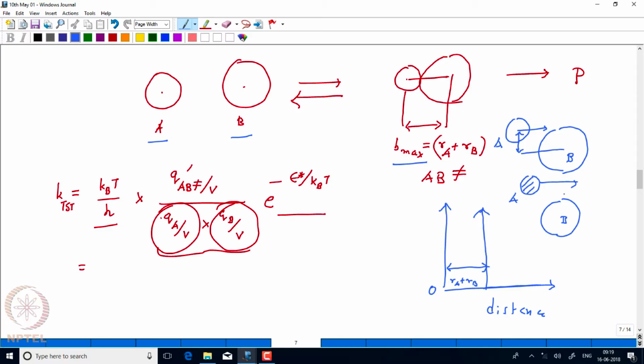then after some time A is just touching B. So that is the maximum position of the impact parameter, in the sense that the center to center distance is just the addition of Ra plus Rb. However, we can have another possibility, that A is coming like this, and then when they collide, as you can see from this picture, the center to center distance is now less than b max, or less than the sum of the radii of the two atoms.